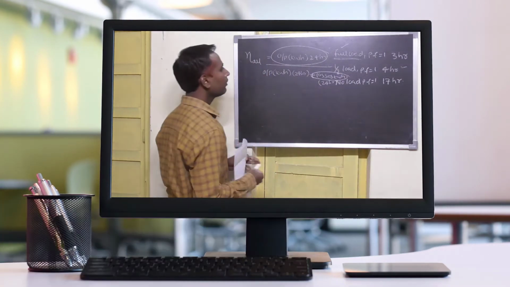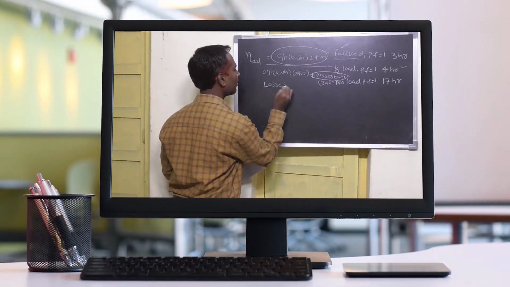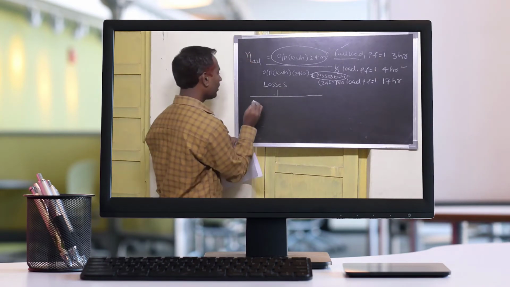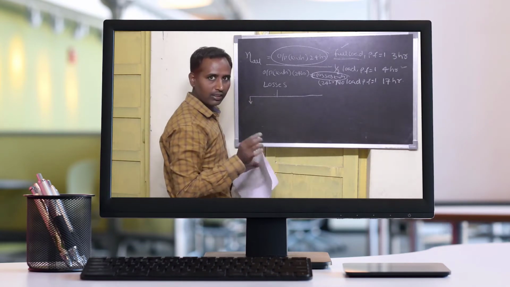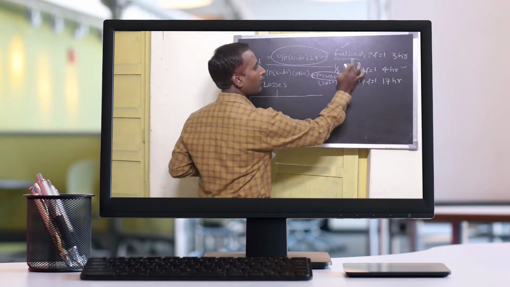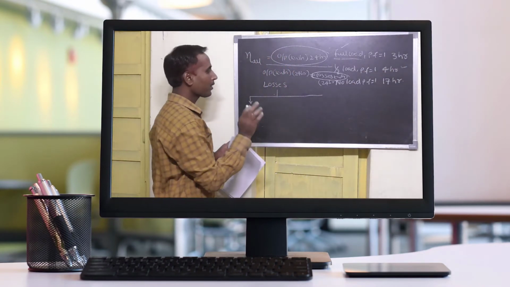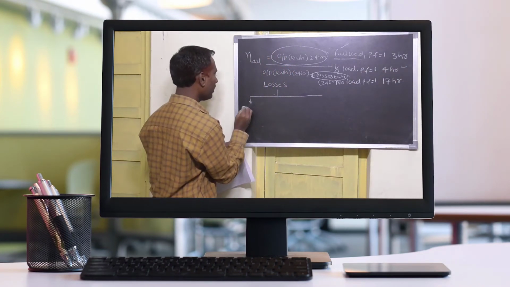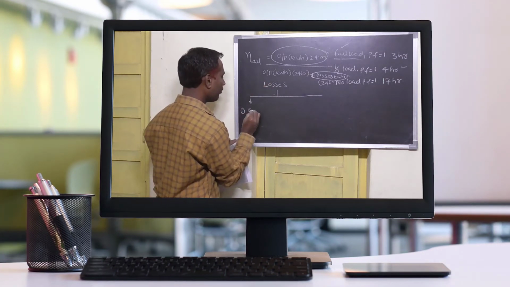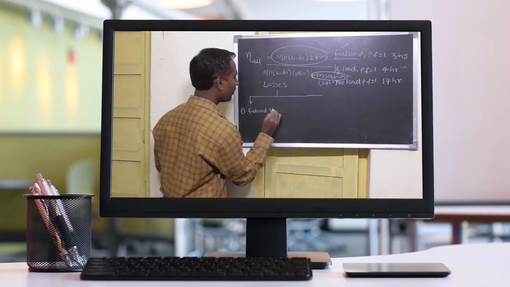Next what I will do, I will take the losses. We know that there are two types of losses: iron loss and copper loss. In the problem, the first loss is full load at unity power factor for 3 hour.